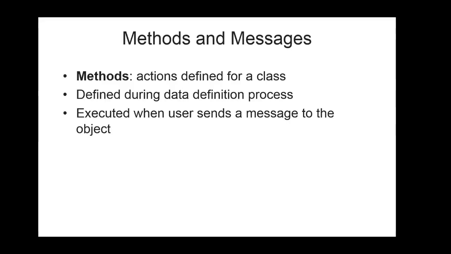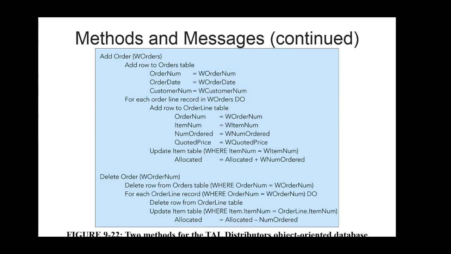So what is a method? A method is an action defined for a class, defined during the data definition process. It can be executed when users send a message to the object. This picture shows two methods that are associated with the order objects. The first method, add order, adds an order to the database.